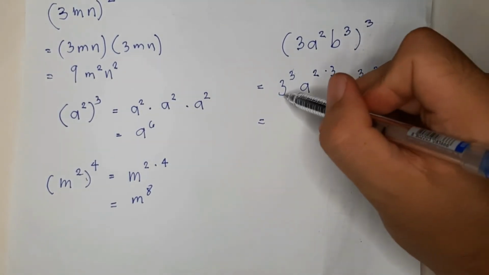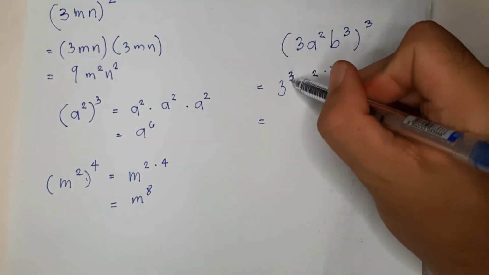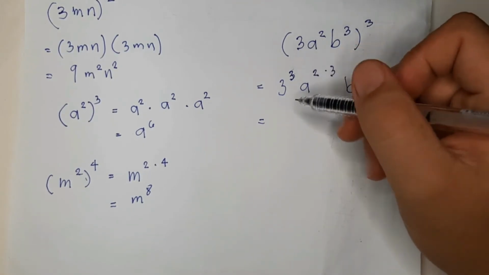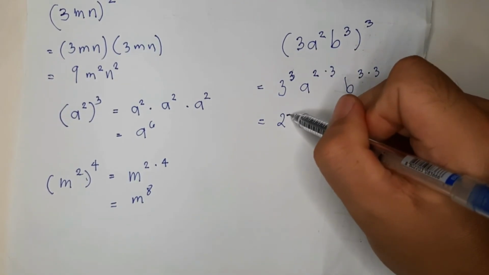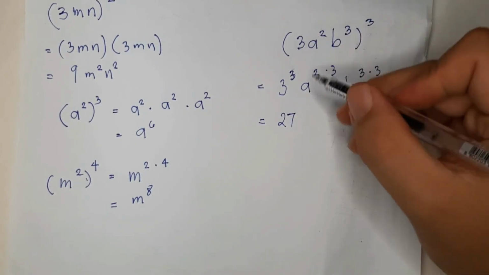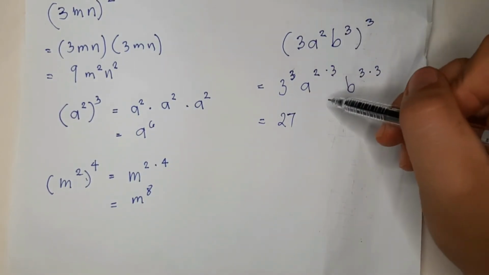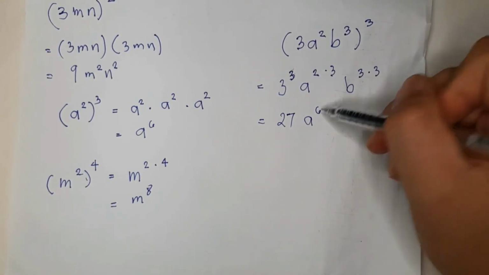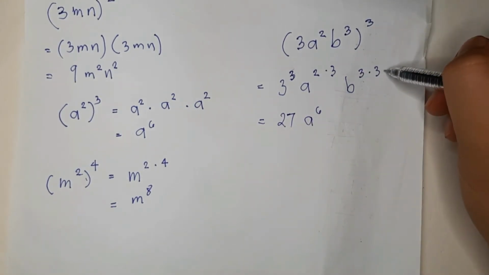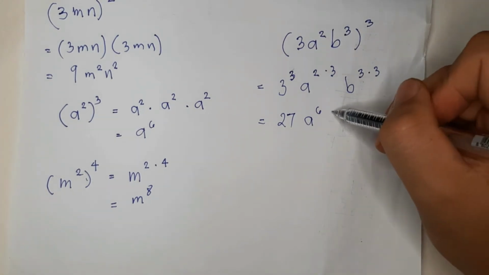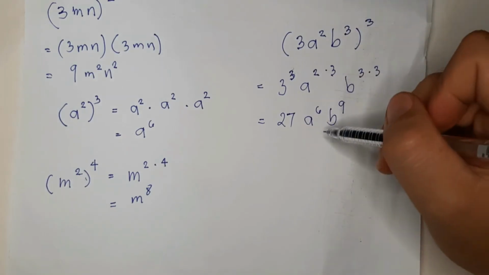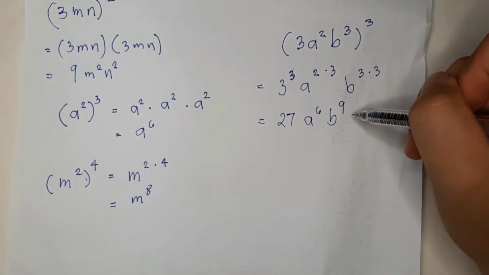So the answer is 3 raised to the 3rd power, or 3 cubed, is 3 times 3 is 9 times 3, 27. For a, 2 times 3 is 6, so we have a to the 6th power. 3 times 3 is 9, so we have b to the 9th power. So our answer is 27, a to the 6, b to the 9.